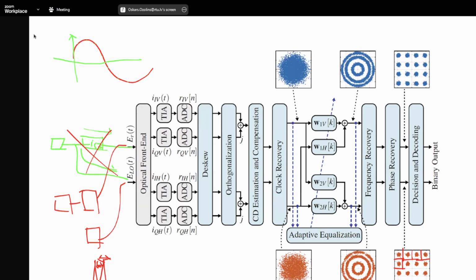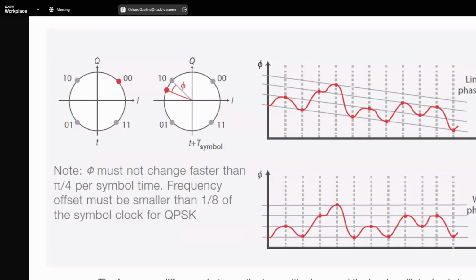So let me just move to the next slide. So here, as I was telling, if you have a frequency difference between transmitter laser and local oscillator, it leads to a rotating constellation.